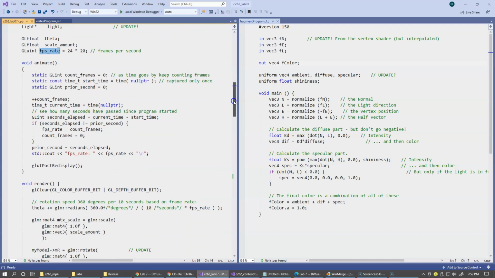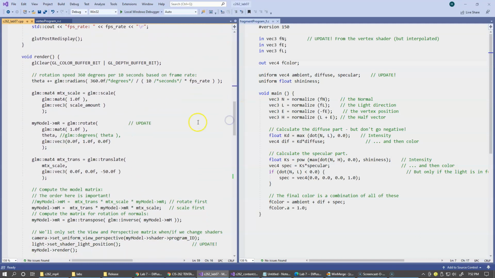So next, in the rendering function, we take the current rate that we have and we decide that we want the full circle of rotation to take 10 seconds. Okay, so full circle is 360 degrees.